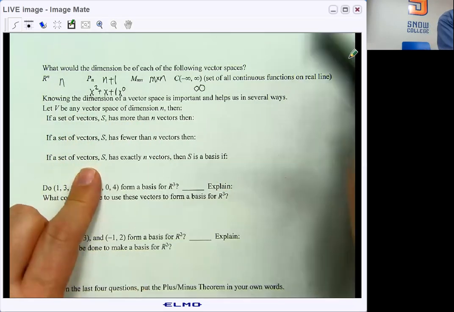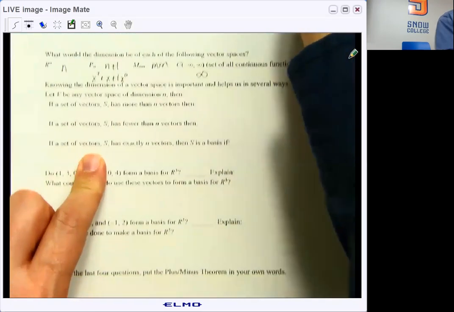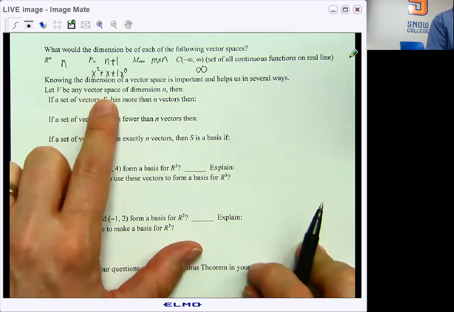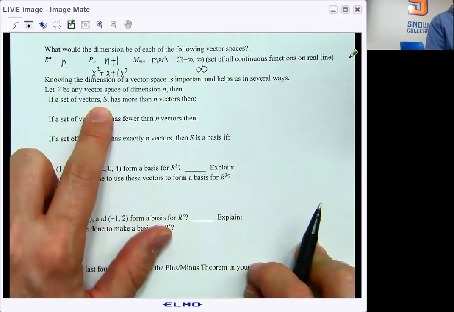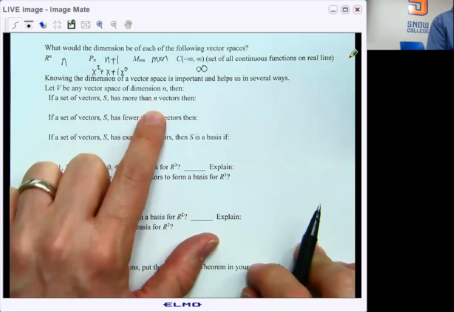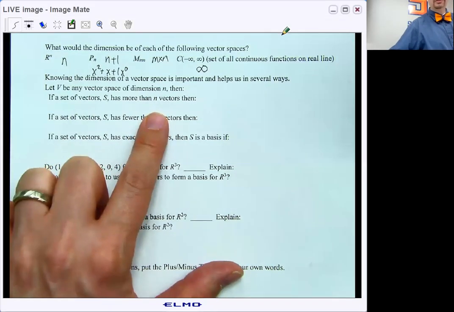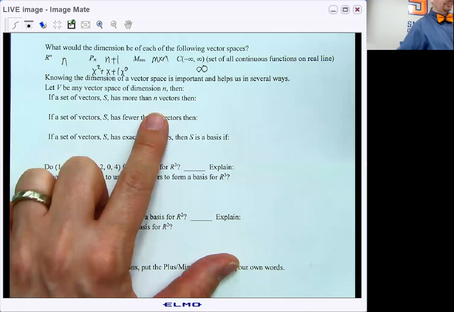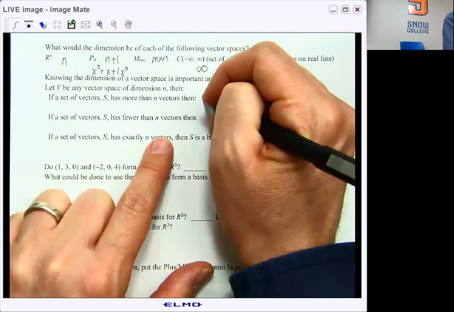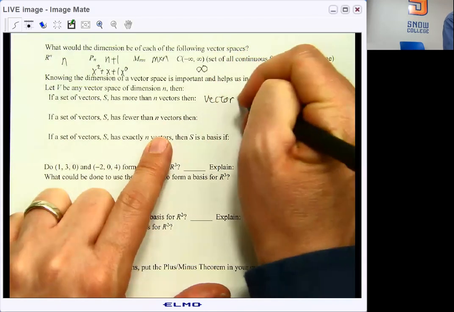And why do we want to know the dimension? Well, it can help us in analyzing our vector space. If we know the dimension of the vector space and we have a set of vectors, and if there are more vectors than the dimension of the vector space, then what do you think? Pause, wait for it. You're right. If there are more vectors than the dimension of the space, then the set of vectors is linearly dependent.